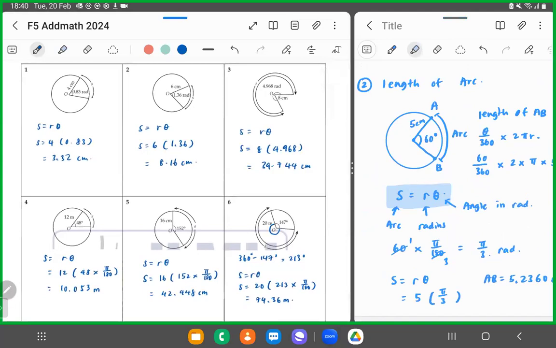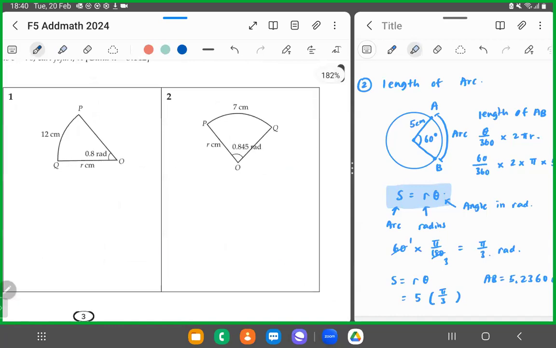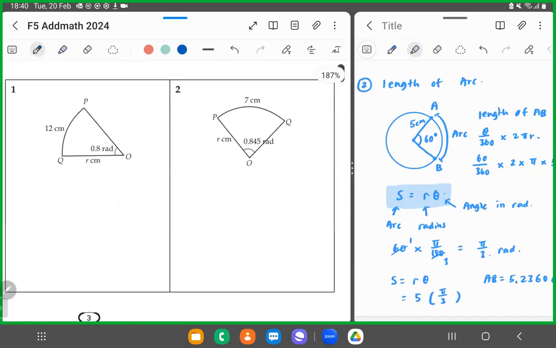Okay, number 1 to 6, no problem. We go to the next part. Let's say the question gives us the length of arc PQ, which equals 12, and the angle 0.8. The radius, we don't know, R. So use the same formula.